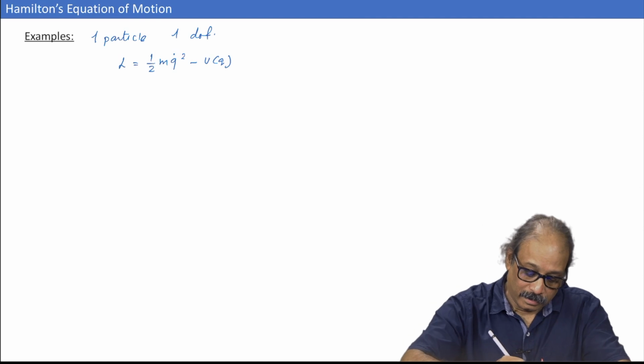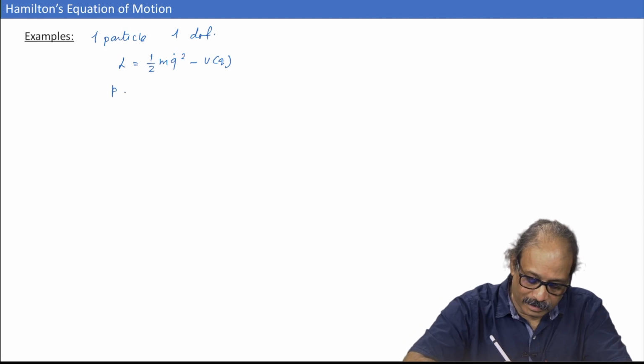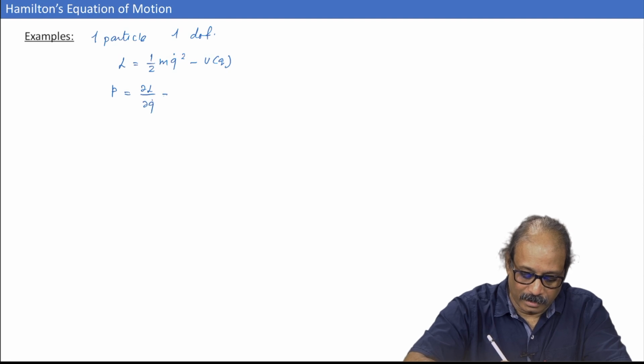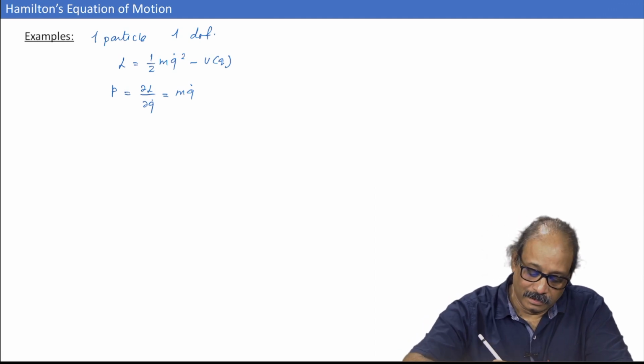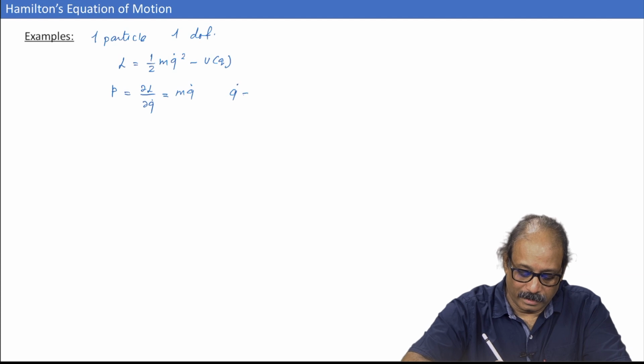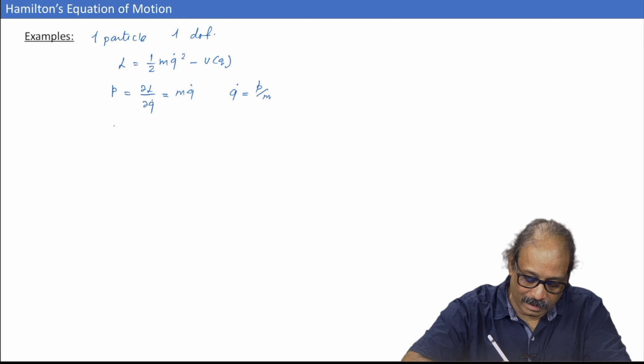Now, the generalized momentum here will be p, which is nothing but m q dot. And now you can immediately see this is a neatly invertible function, and q dot is nothing but p by m.